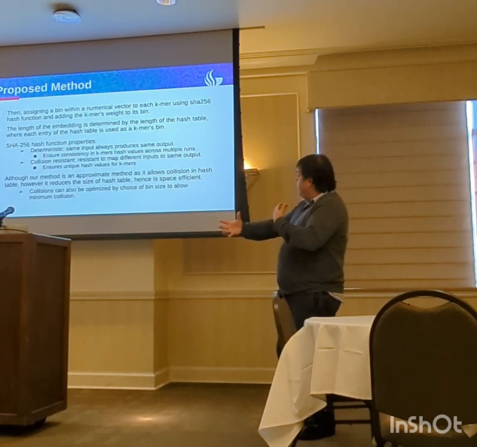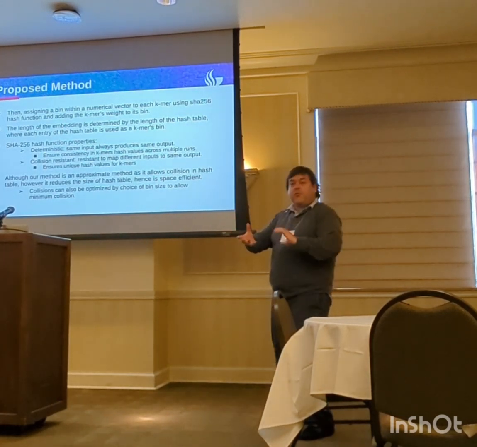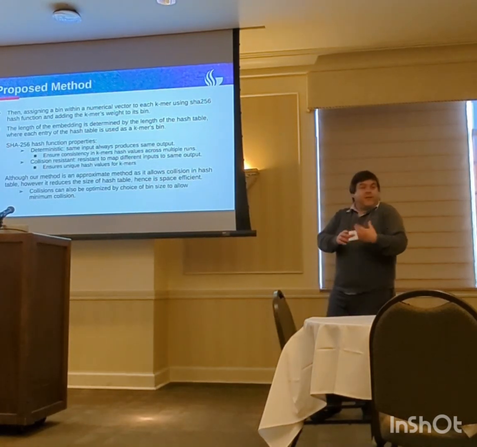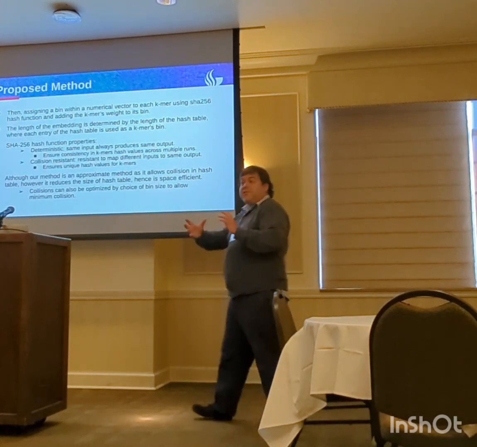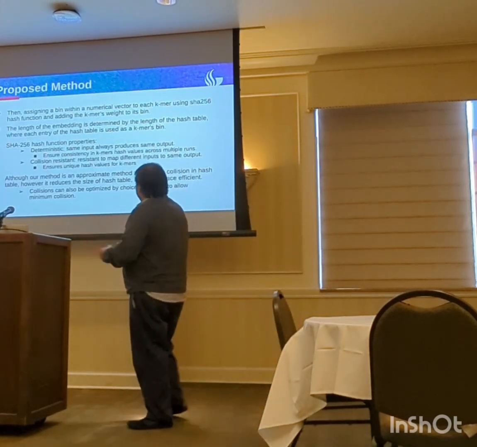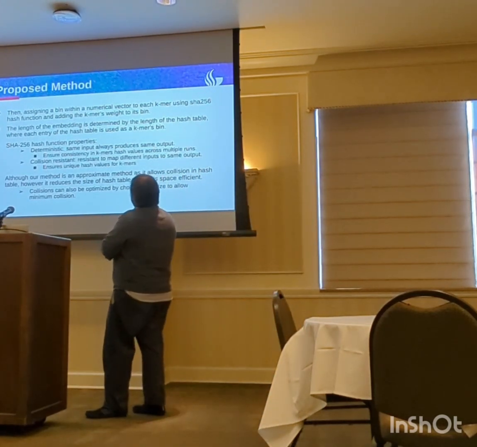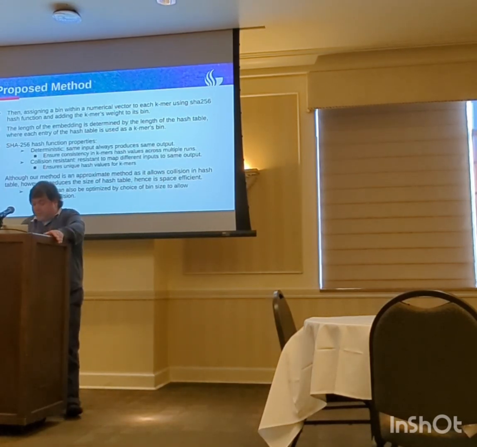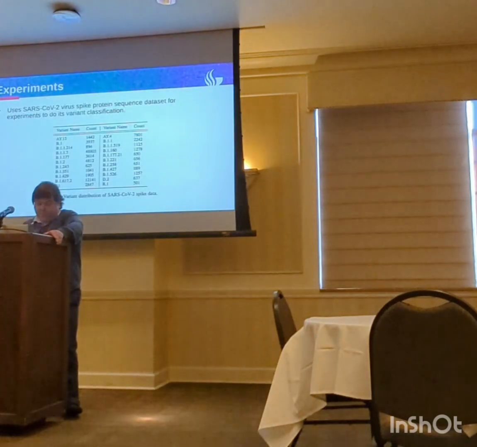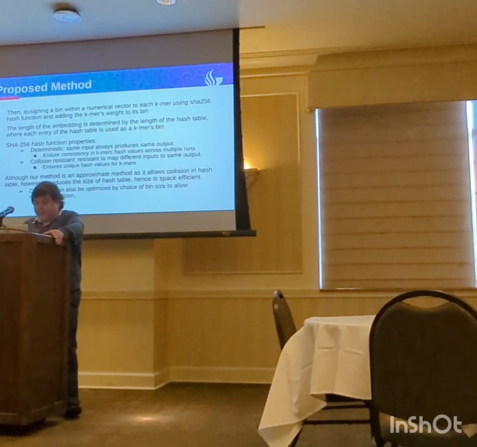So there's a trade-off between the number of collisions that we want and the dimensionality of the representation that we're producing, right? Or how big this hash table is. So that's the proposed approach.